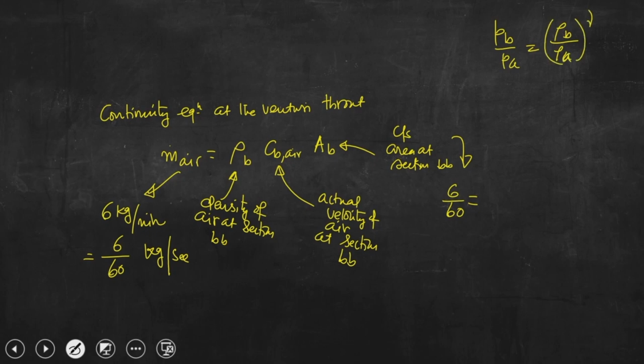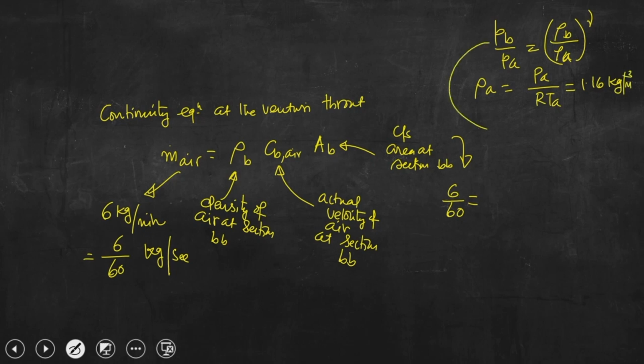So, we can write rho A equal to PA by RTA. PA is known, 0.1 MPa, TA is given, 300 Kelvin. If I put the value of R, we get 1.16 kg per meter cube.